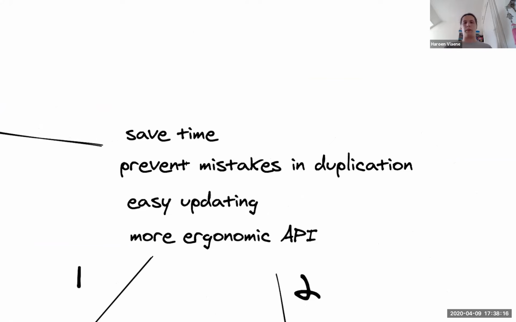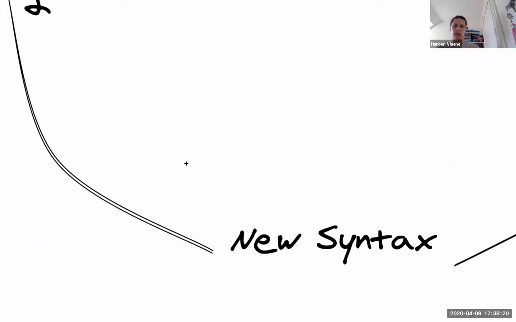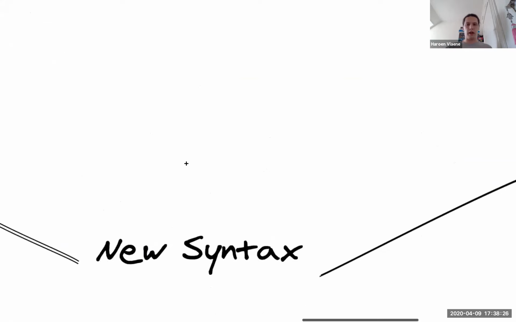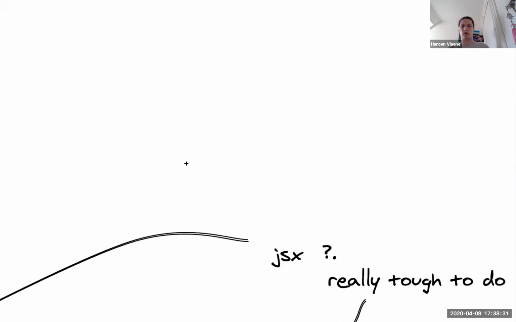And there's multiple types of those. The first type of transformation you could do is enabling new syntax in your code. Examples of that would be JSX or question mark dot. Unfortunately, those are really tough to do, and I would advise you not to go that route.